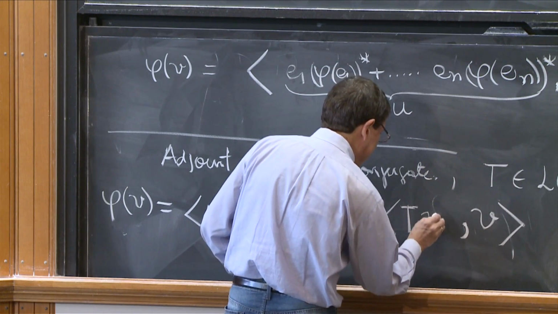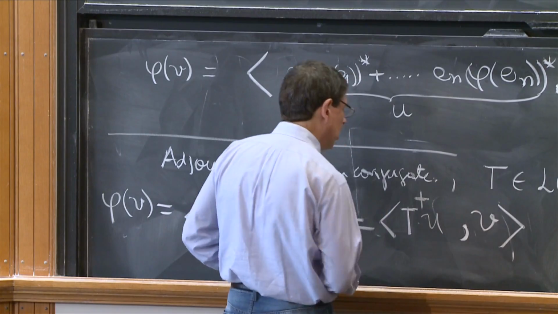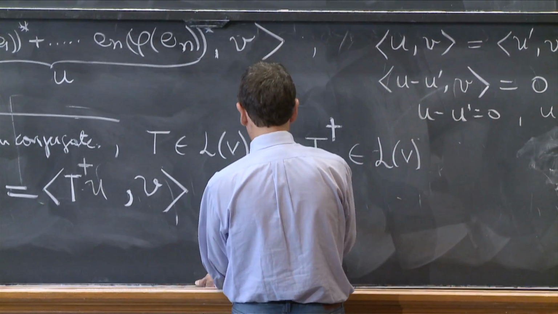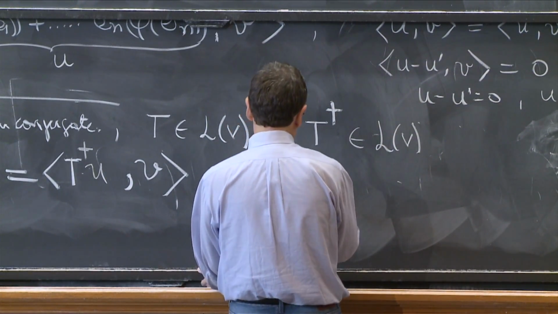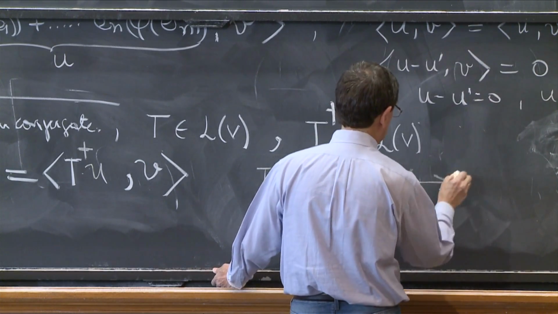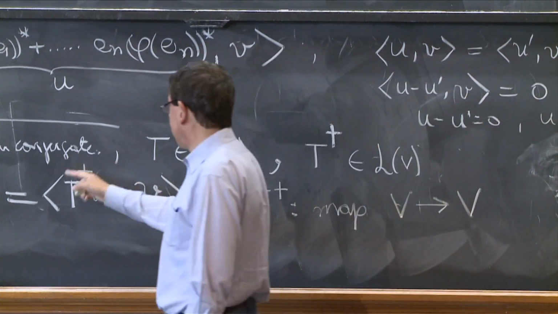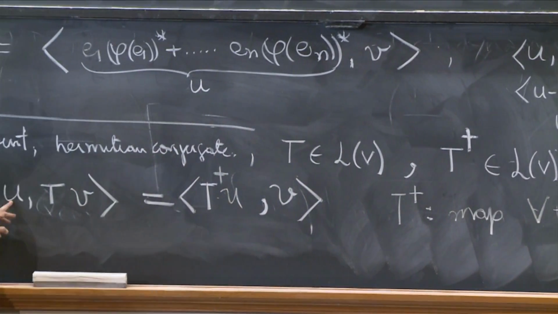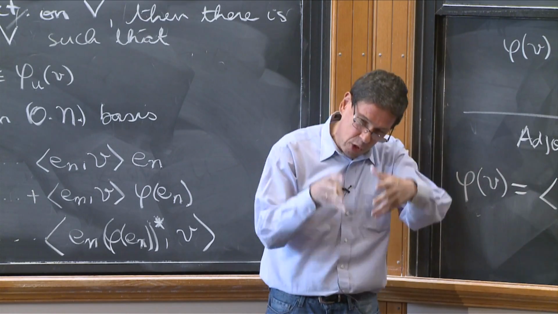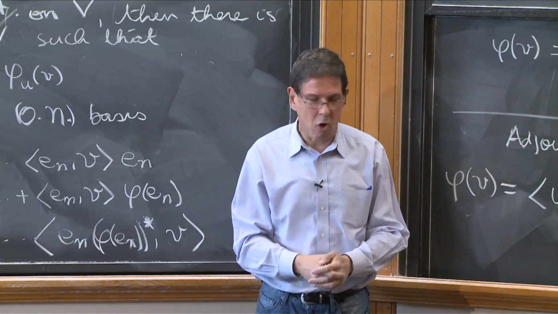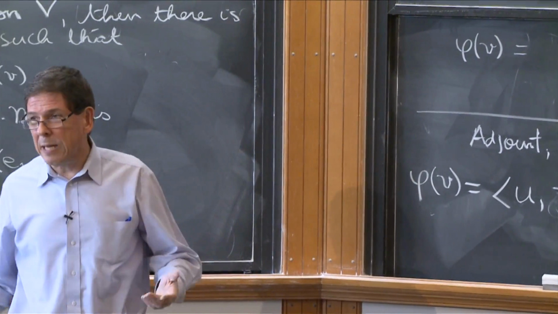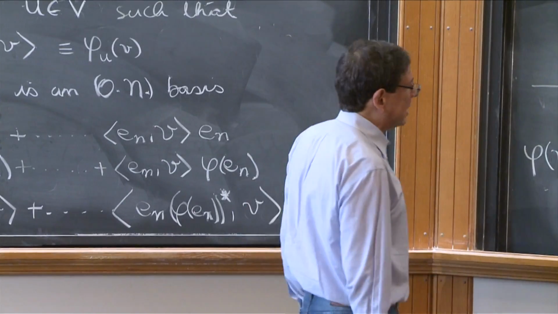I'll write it as T dagger U, where at this moment T dagger is just a map from V to V. We said that this thing that we must put here depends on U, and it must be a vector. So it's something that takes U and produces another vector called T dagger U, but we don't know what T dagger is, and we don't even know that it's linear.